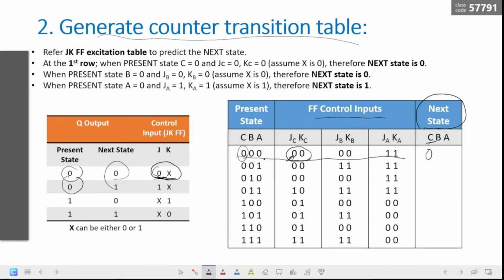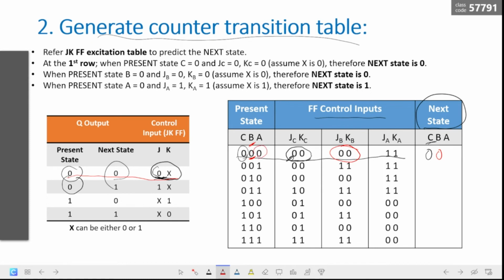What about B? Let's look at flip-flop B. Flip-flop B is 0, the present state is 0, and JB, KB is also 0, 0. So it looks the same, which means the next state is also 0.